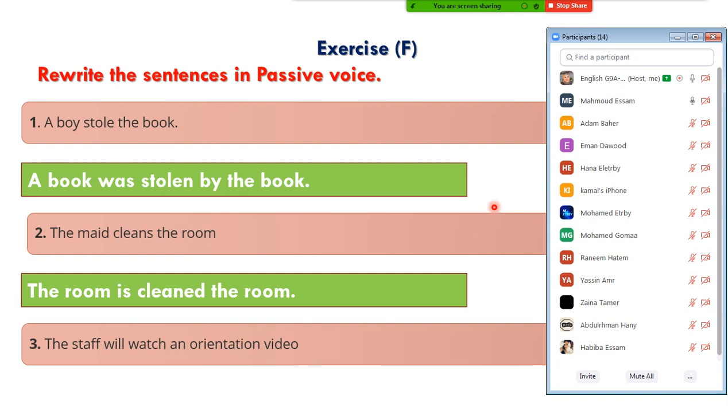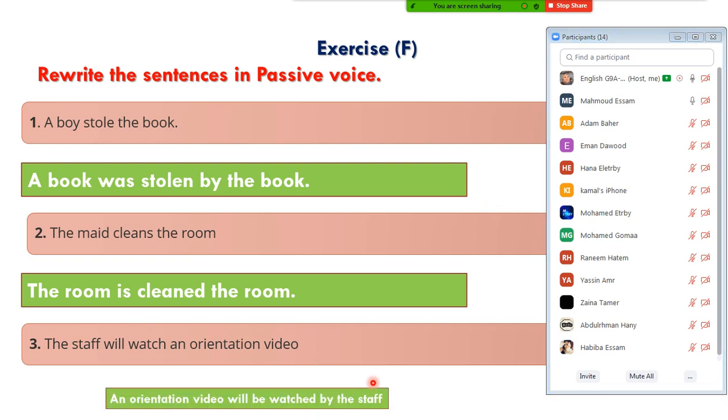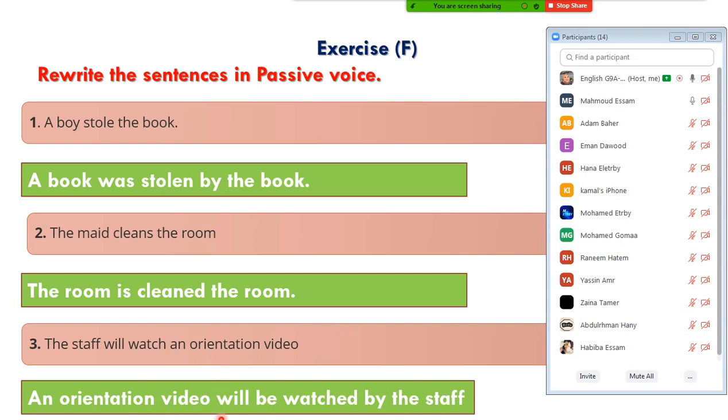It will be an orientation video, will be... watched by the staff. Yes, excellent. That's it. Will be watched. An orientation video will be watched by the staff.